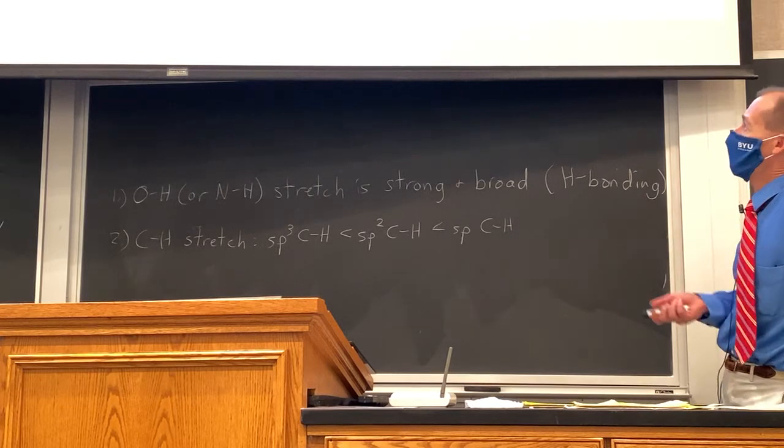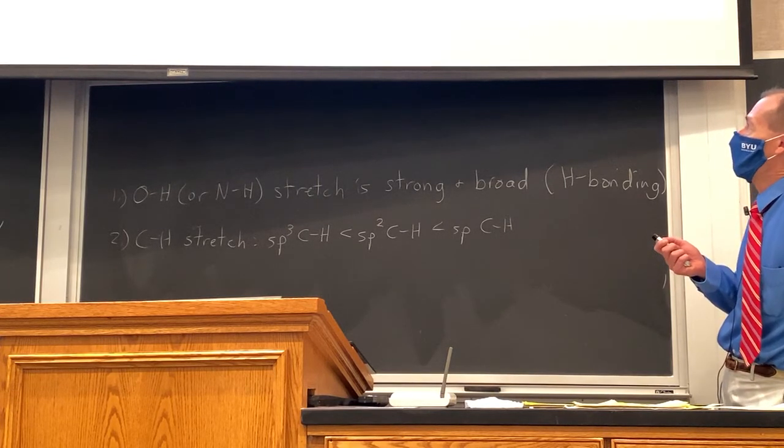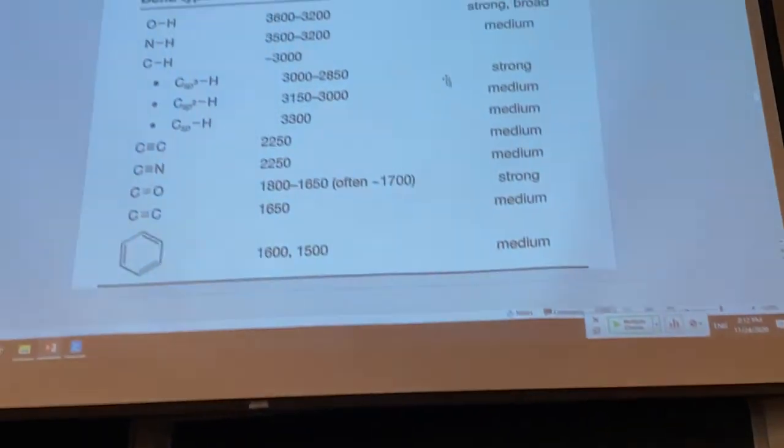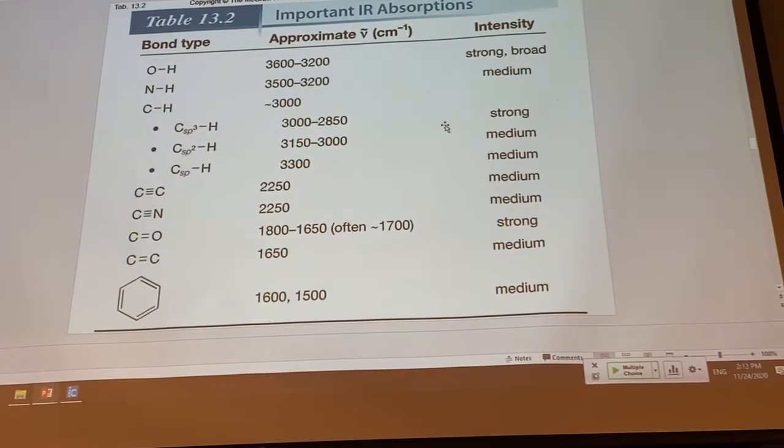If you look at the table, you see that the sp3 carbon hydrogen bonds show up below 3,000, and the sp2 and sp CH bonds show up above 3,000. So the number 3,000 is now important for two reasons. Above 3,000, if we have a fat peak, we know we have an OH or an NH, and it's the dividing line between sp3 carbon hydrogen bonds and sp2 or sp carbon hydrogen bonds.